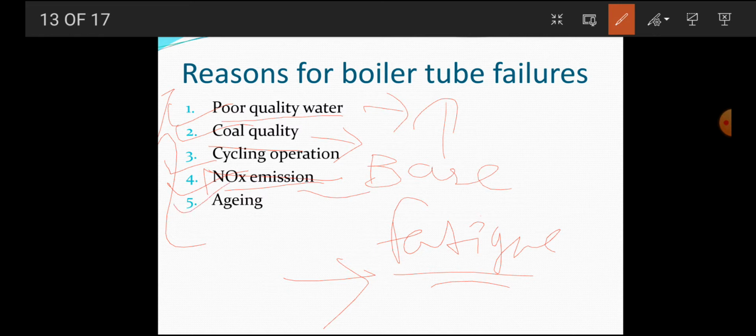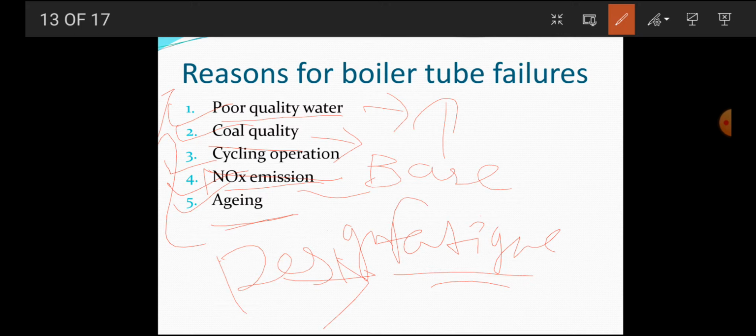Then last is aging. A large percentage of existing fossil fired units are exceeding the design life, that is, the life for which they were designed, supposedly 20 years, so that life has been exceeded and we need to take care of that.